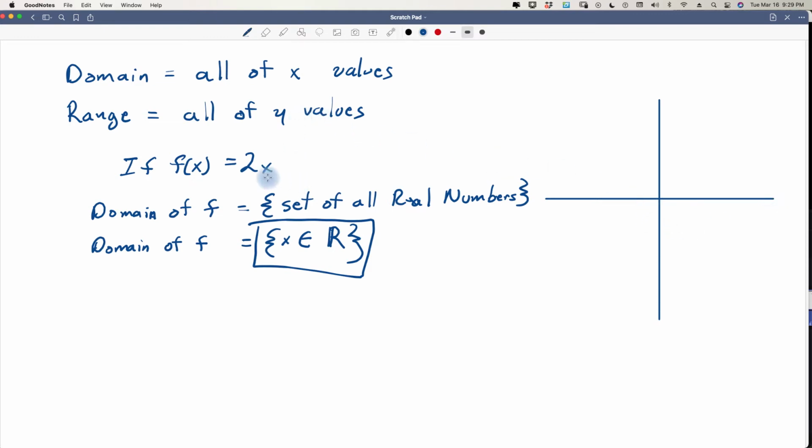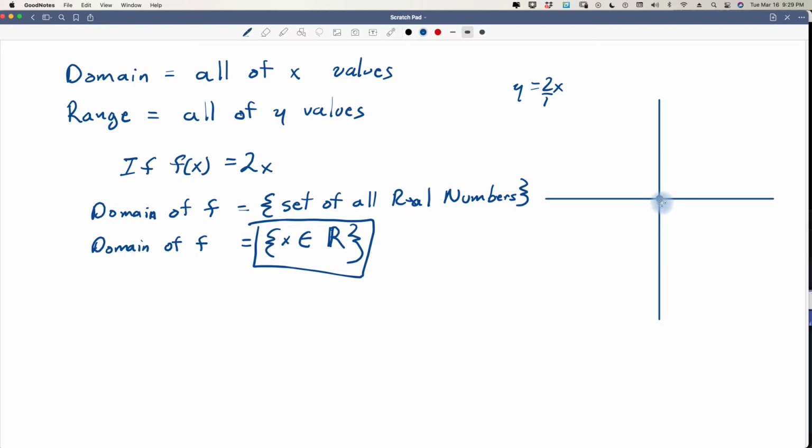So y is equal to 2x. So our slope is 2 over 1. So if x is 0, then y is 0, right? Because if we put a 0 in here times 2, that's going to be 0. Y is going to be equal to 0.